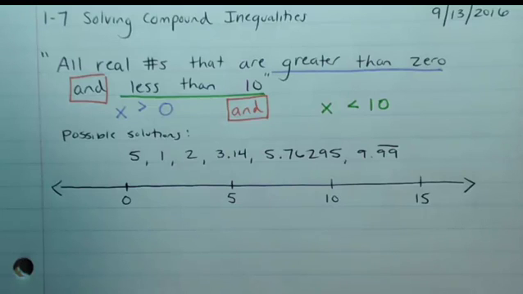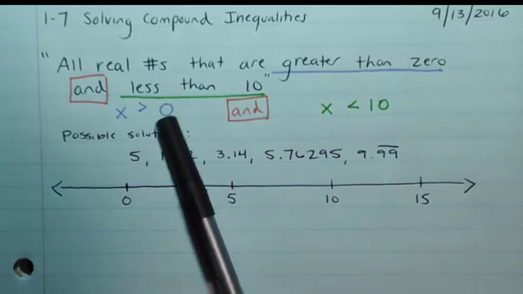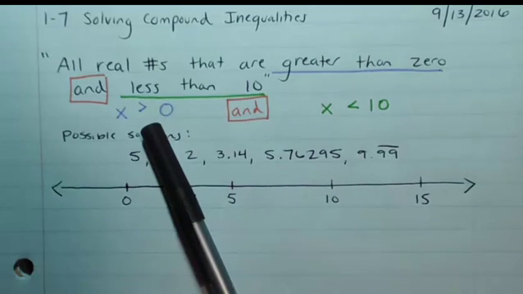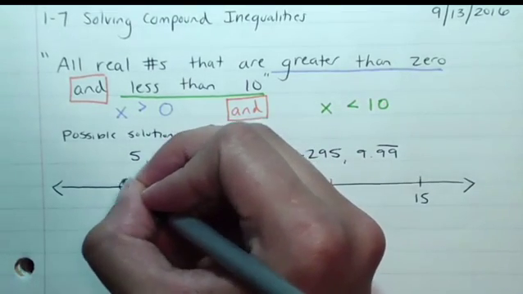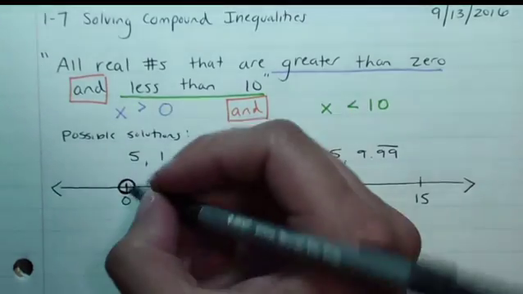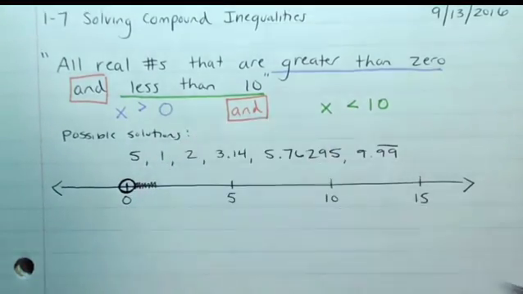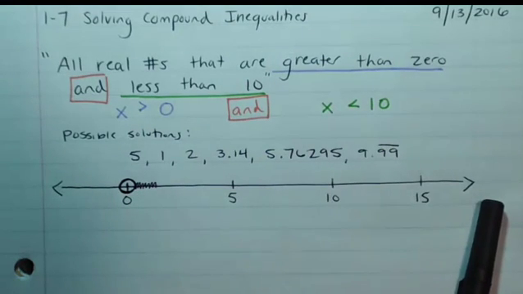Now we're going to graph one at a time. So if x is greater than 0, is that an open or closed circle on the 0? This is an open circle. And if x is greater than 0, I'm going to go ahead and shade just a little bit this way, showing that everything on this side is greater than 0.